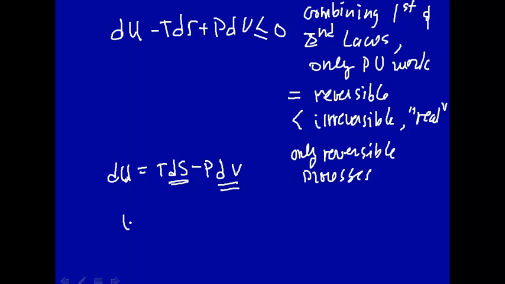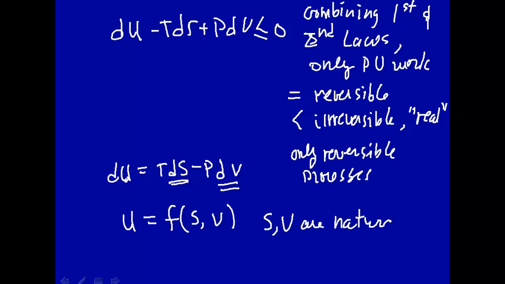So I hope I convinced you that U, for this particular case, only PV work, is a function of entropy and volume. So we'll say that S and V are natural variables for internal energy U.